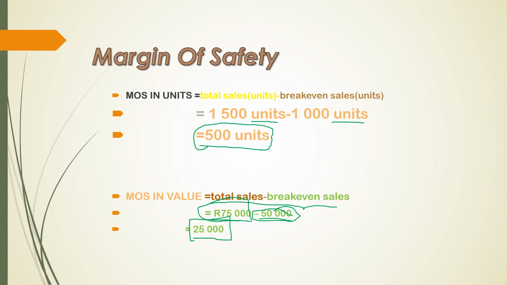These are the minimum amount of units that one has to sell before the losses can commence. If you sell 499 and below, the losses will start to be incurred in that business.